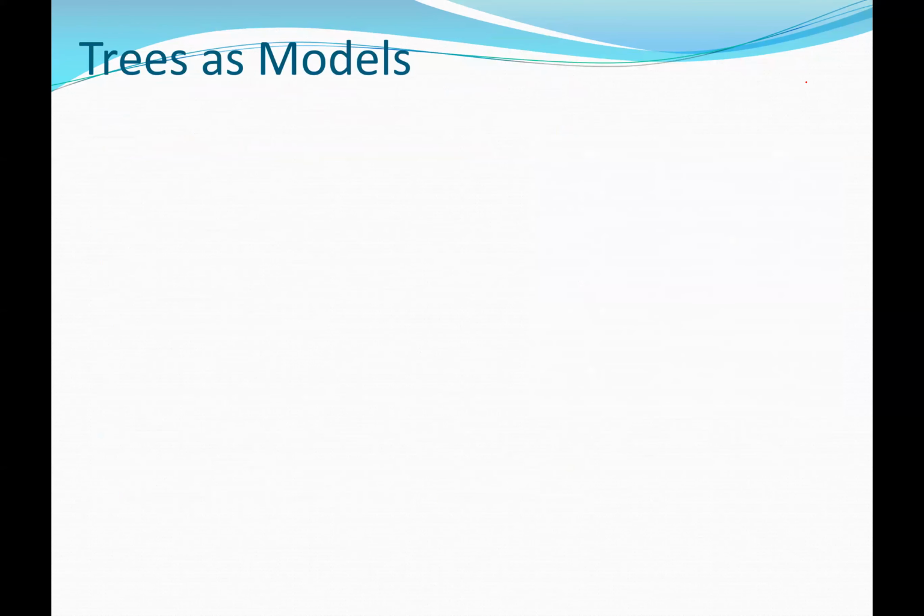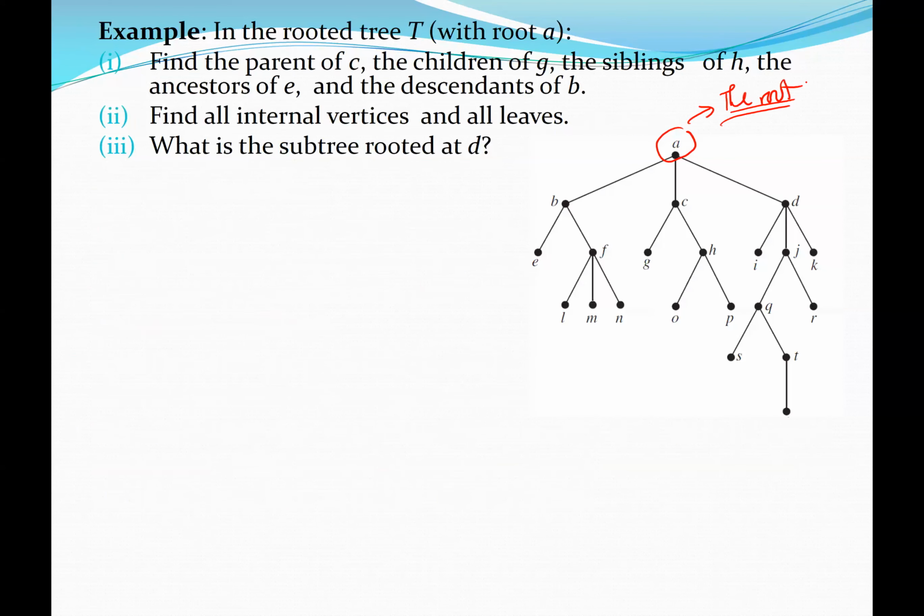So find the parent of C. Where is C? C is right here. What's the parent of C? You can see that C is tracing back to A. So A is the parent of C.